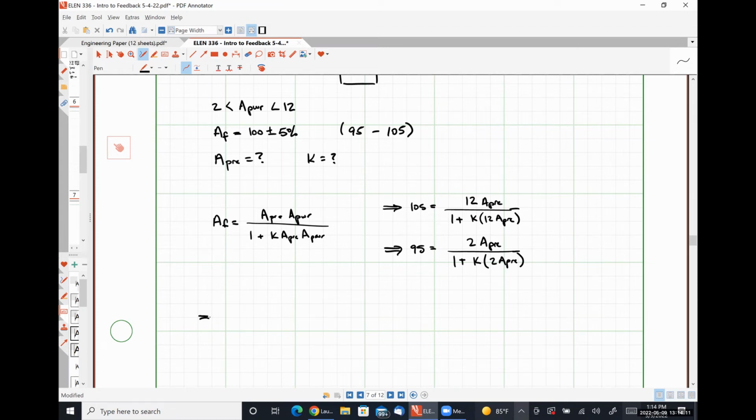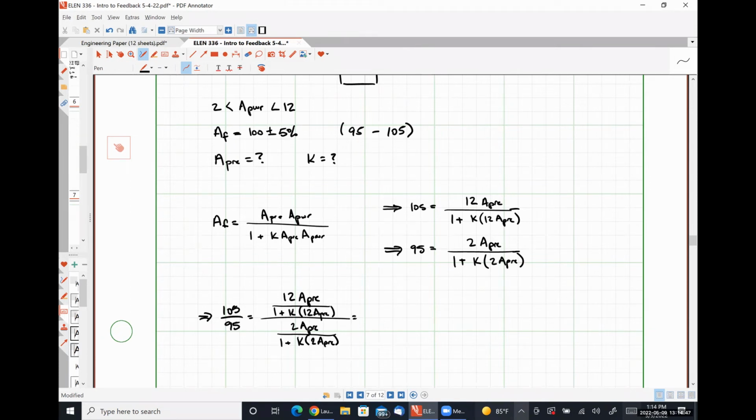So 105 over 95 is going to be equal to 12 A pre over 1 plus K times 12 A pre, over 2 A pre over 1 plus K times 2 A pre.